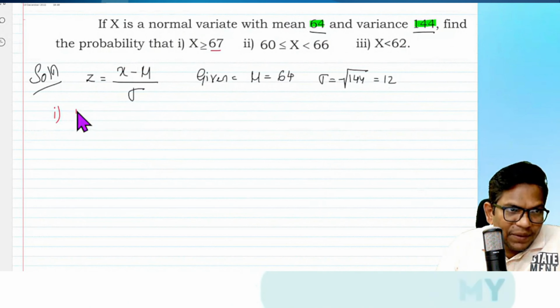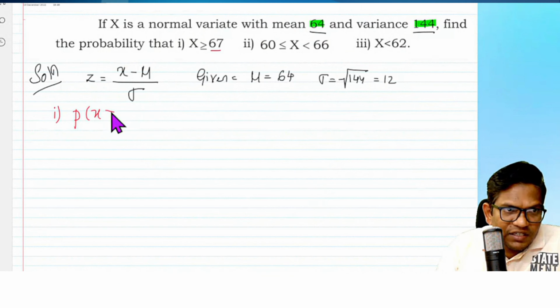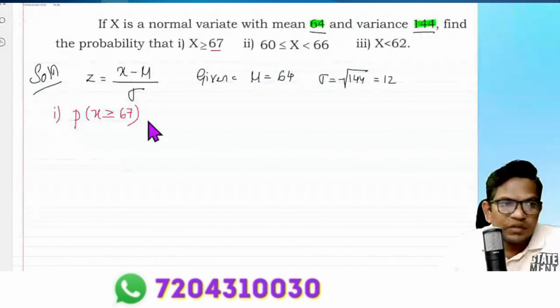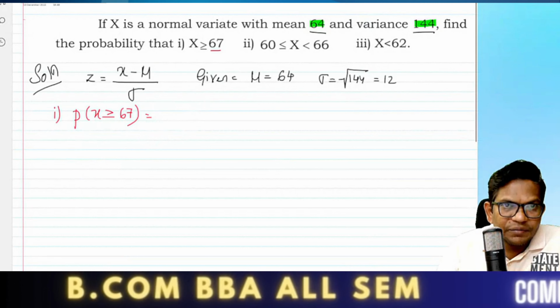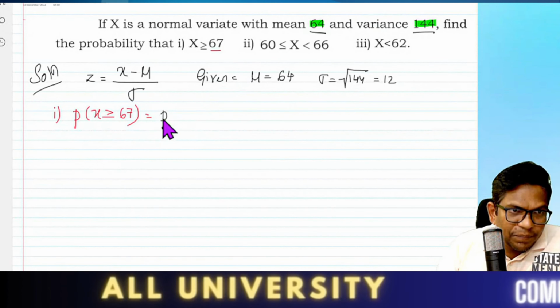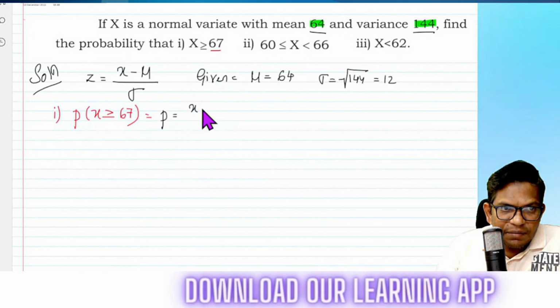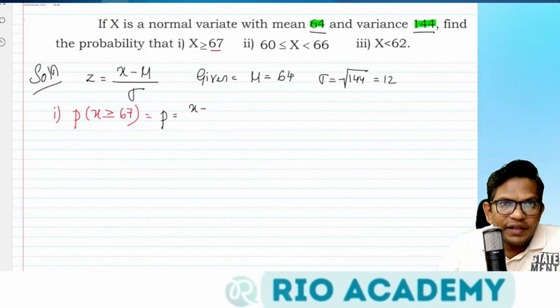P of X is greater than or equal to 67 is equal to what? We have X minus mu. What is mu?